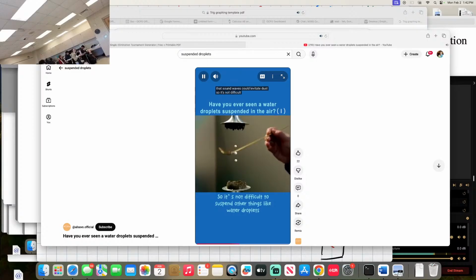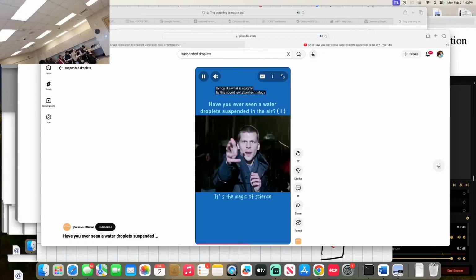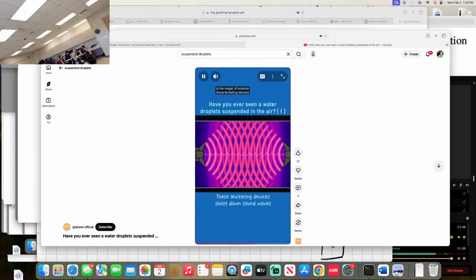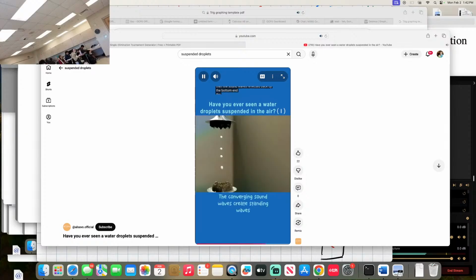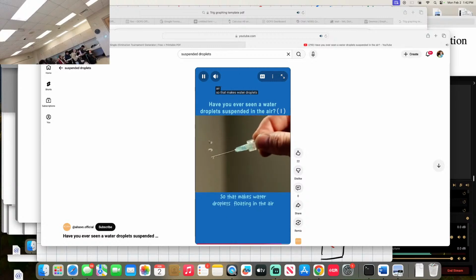So it's not difficult to suspend other things like water droplets by this sound levitation technology. It's the magic of science. These levitating devices shoot down sound waves, then the sound waves are reflected back by the bottom end. The converging sound waves create standing waves, which are strong enough to hold objects with little gravity in the air. So that makes water droplets float in the air.